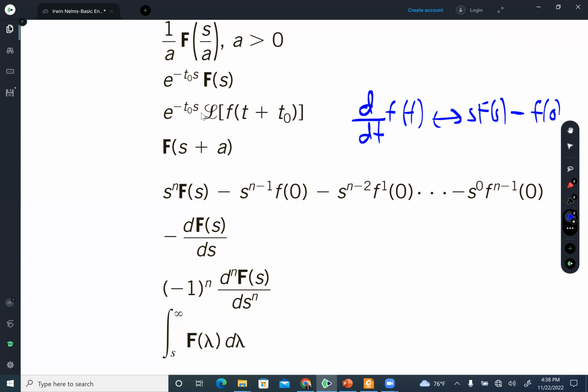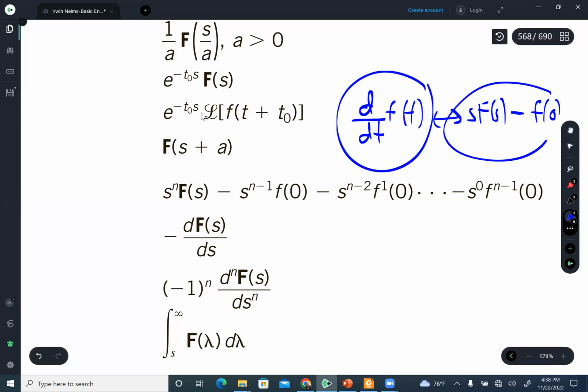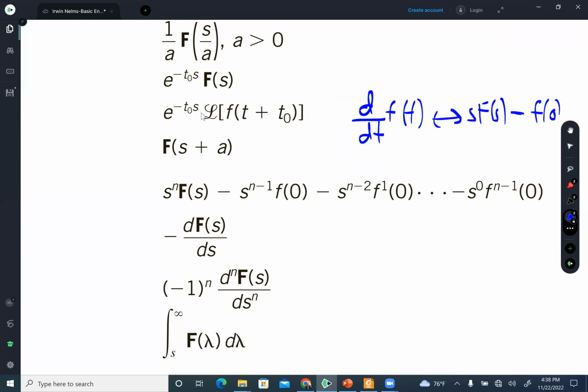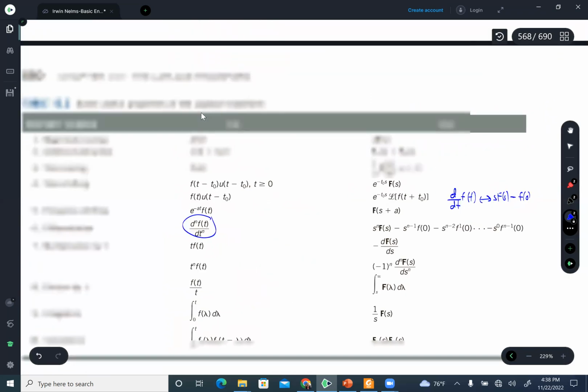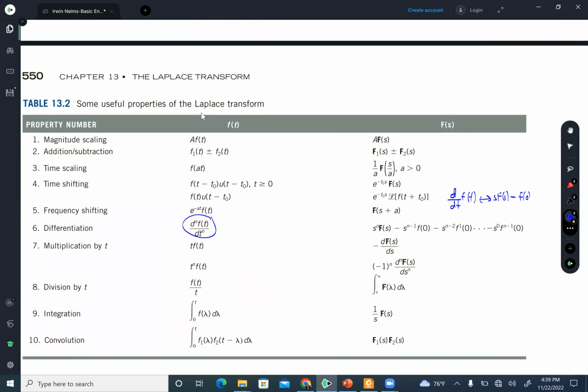These cannot be equal. This is a time thing. This is an s thing. They are in 2 totally different domains. So we can use this when derivatives pop up, which they do in circuits and differential equations, right? We're going to use this. There are other properties as well. I won't go through all of them.